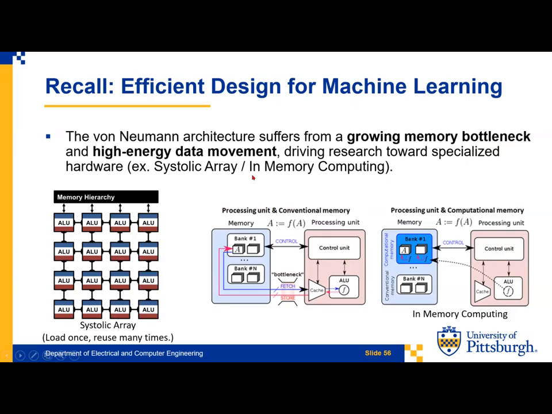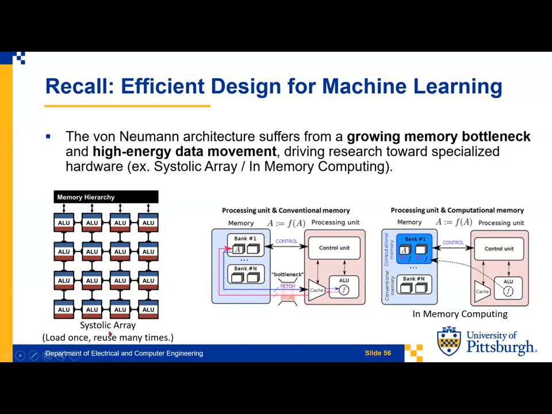Okay, so yeah, recall that today we introduced the systolic array and in-memory computing, because the von Neumann architecture suffers from the memory bottleneck and high energy data movement. So we have two specialized hardware to make machine learning operations more efficient.